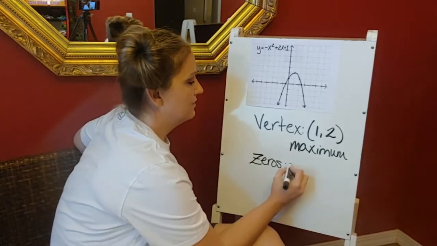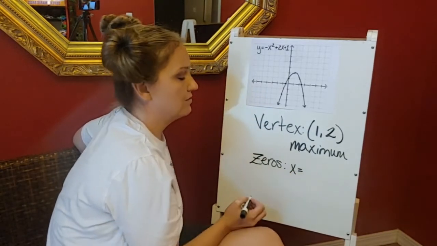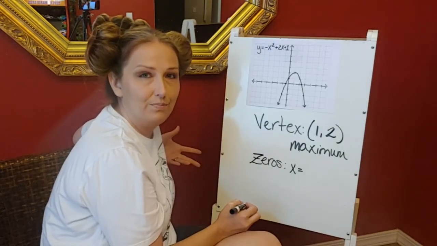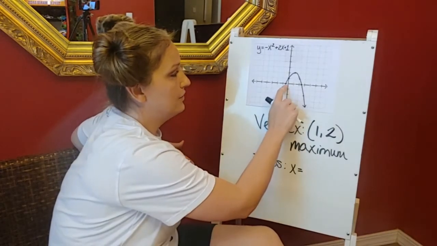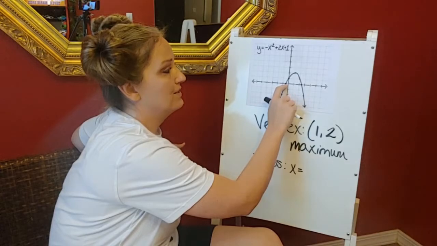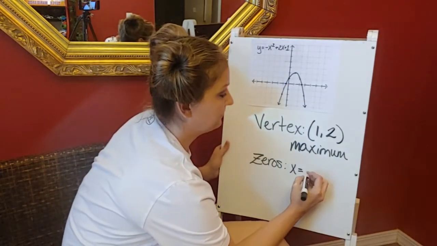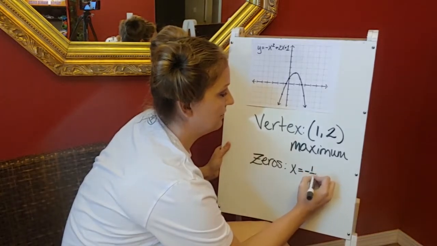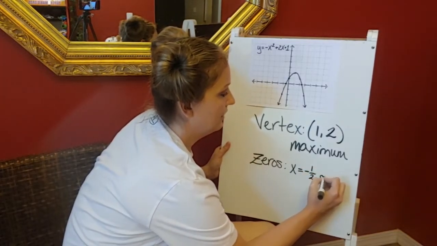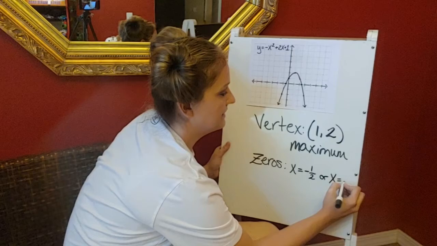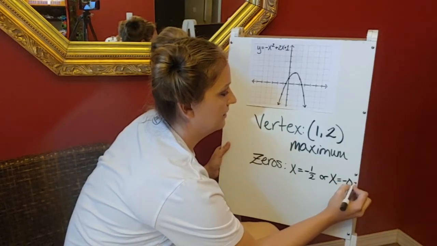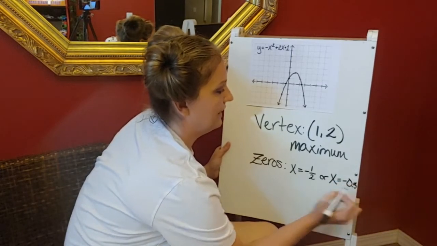So for my zeros, since those are crossing the x-axis, I'm going to put x equals. My first zero is at x equals about negative 0.5, negative 1/2. It doesn't matter how you write that, negative 1/2, or you can put x equals negative 0.5.